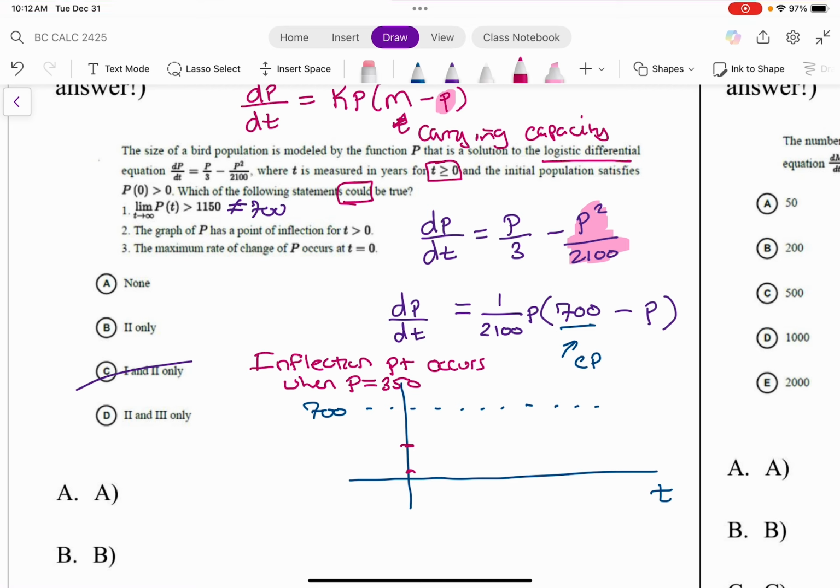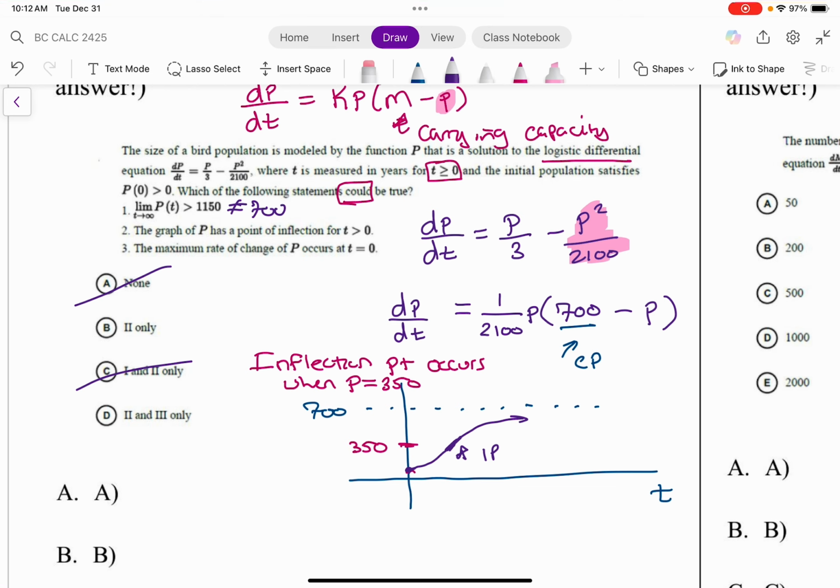So at 350, we have an inflection point. So is it possible that can happen when t is bigger than 0? Yeah, sure. My graph could look like the one I just did, where there's my inflection point. So 2 is possible, right? So that's out of there.